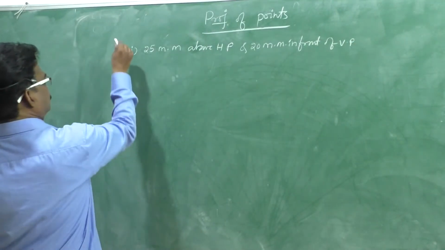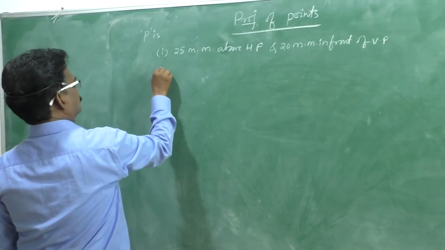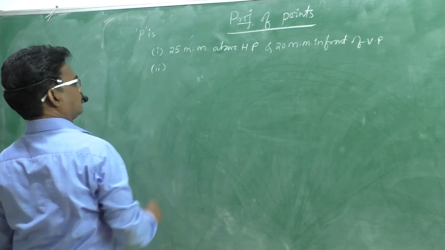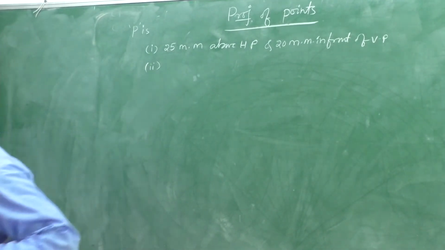That's the first one. Point P is 25 mm above HP and 20 mm in front of VP.